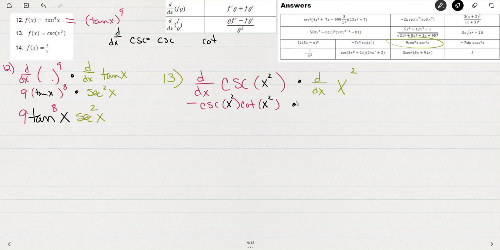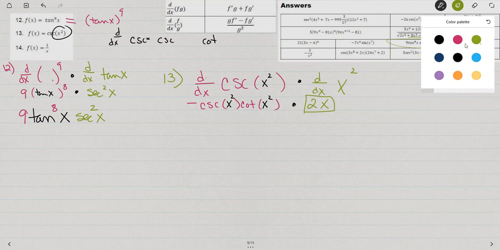And then the derivative of the inner function, so the inner function was that x squared. Derivative of x squared is 2x. I could make this look a little bit better by bringing this 2x as a coefficient out in front. So it would look like this.